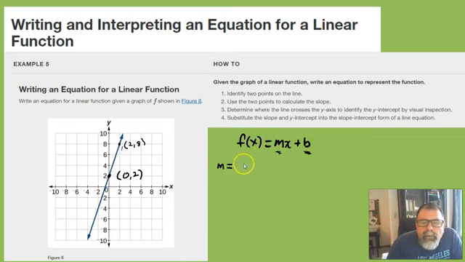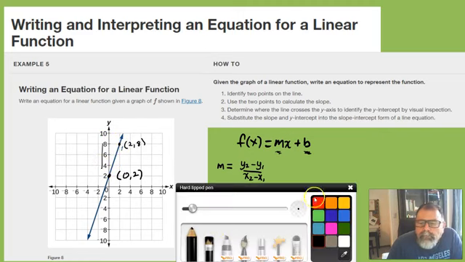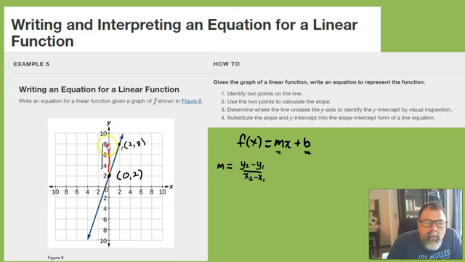So slope is, remember, y2 minus y1 over x2 minus x1. You can also count like I mentioned before. So this is up 2, 4, 6, and over 2. So you can do it either way. The way the book's listing here is they want you to use the slope formula.